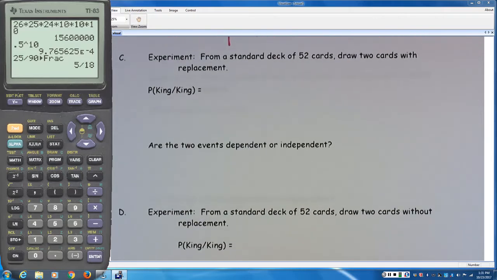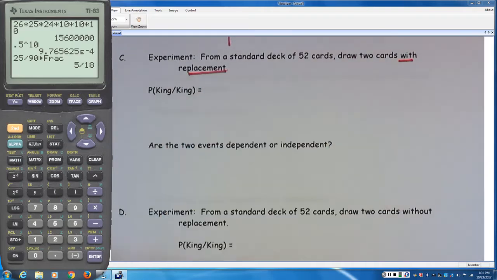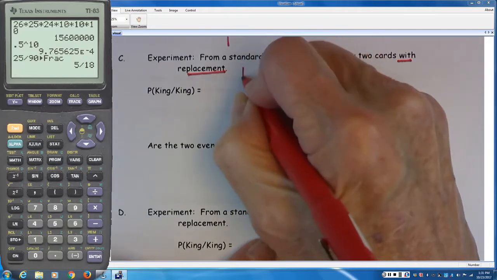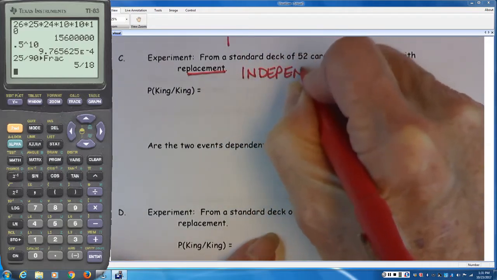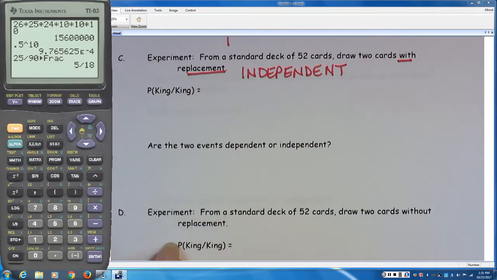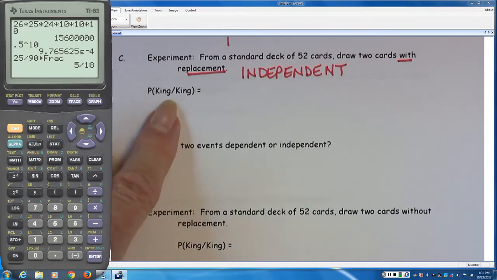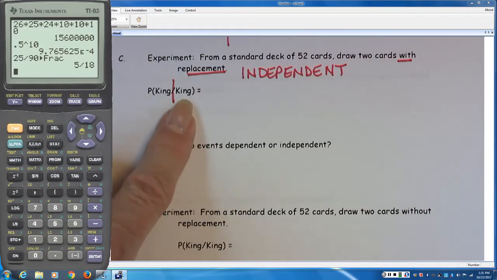From a deck of 52 cards, you're going to draw 2 cards with replacement. So that makes them what kind of events? Independent. Because if you put it back, it doesn't change the second one. What's the probability you draw a king on the second card, given that you had a king on the first card?